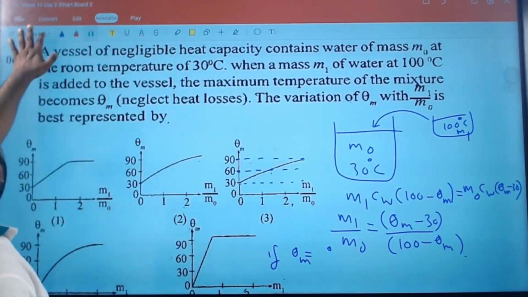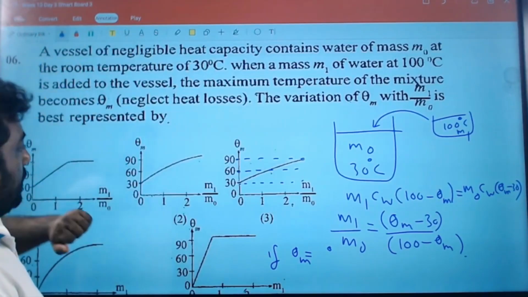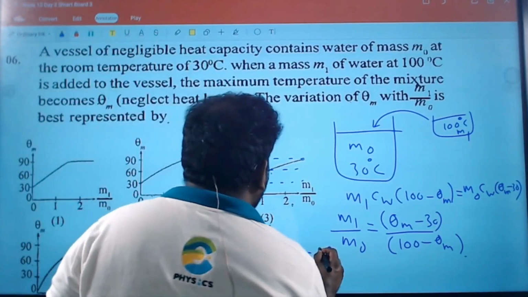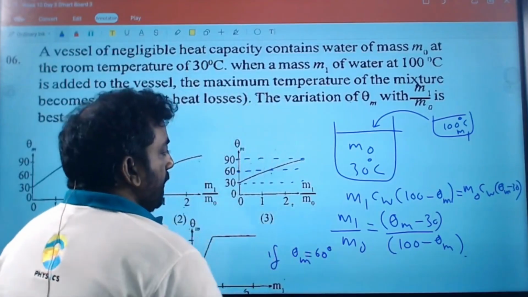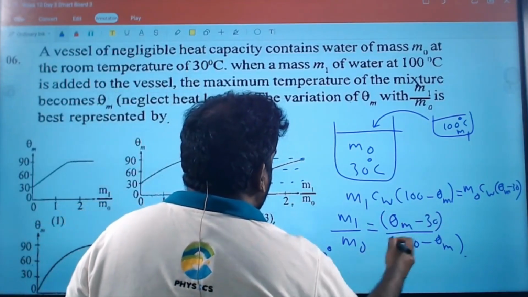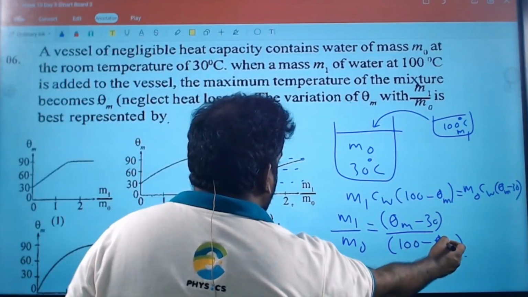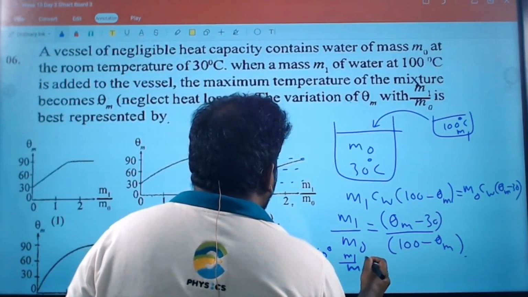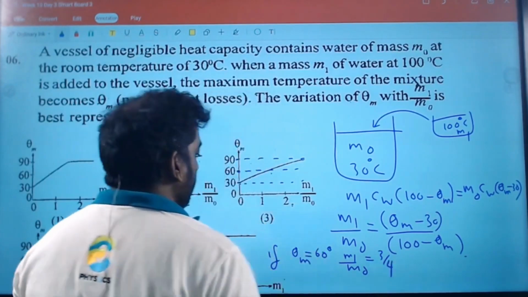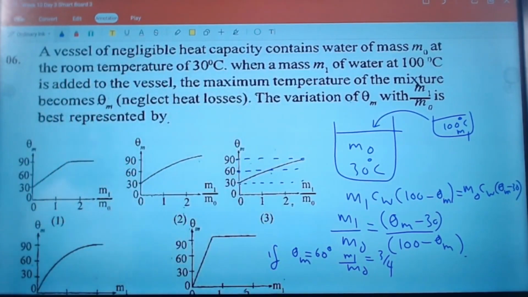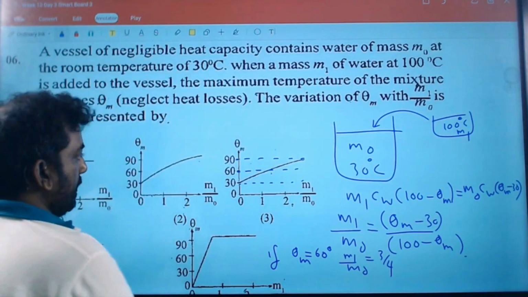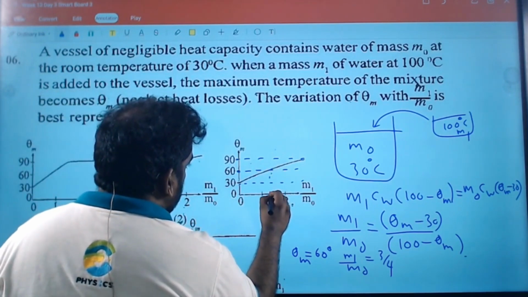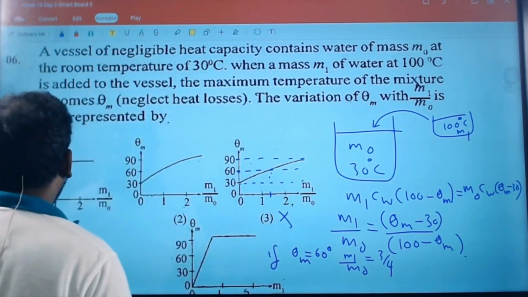Already there's a mass ratio, so we'll keep that. Theta m 60. 60 minus 30 is 30. 100 minus 60 is 40. M1 over M0 is 3 over 4. So here, at 60 the ratio is more, can't be.